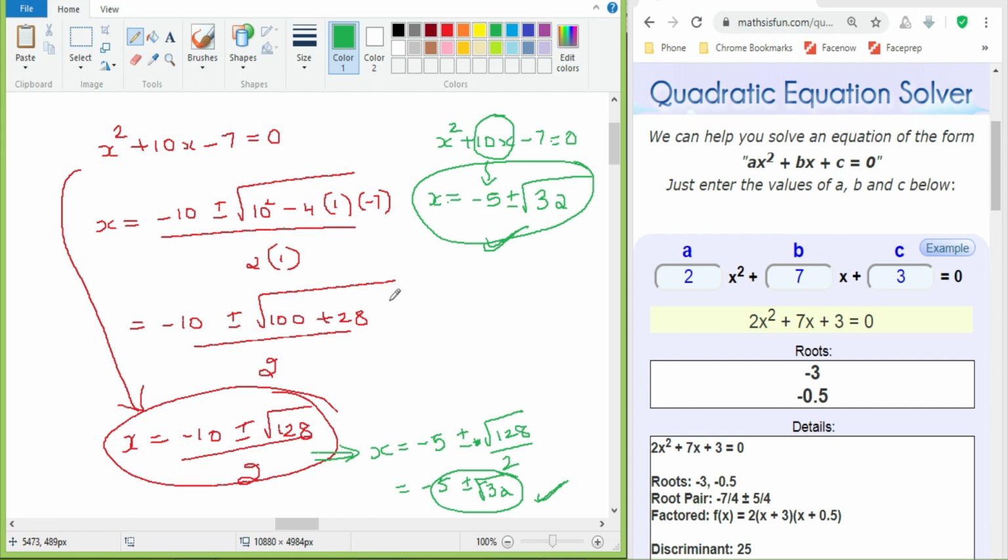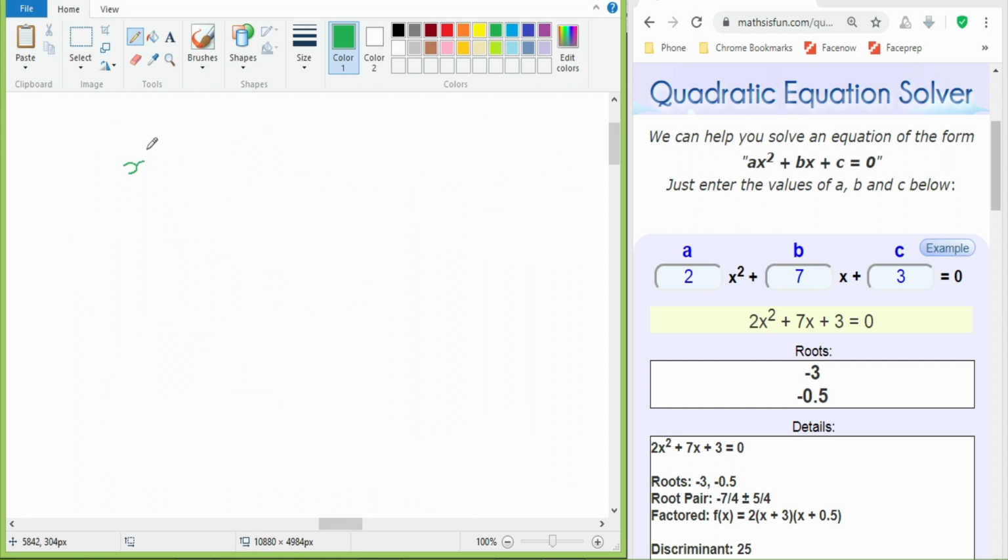Yes, I'll explain it once again. So x square plus 10x minus 7 is equal to 0. Here, first thing, take half of this one. So can I tell it is b by 2? Take it out here and write the negative of it, that is minus 5.